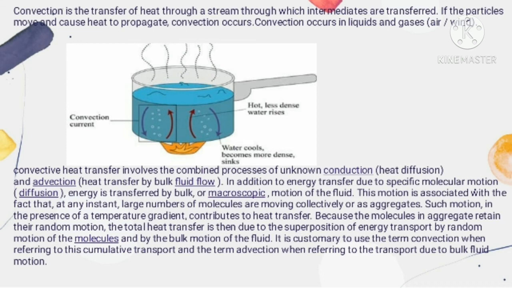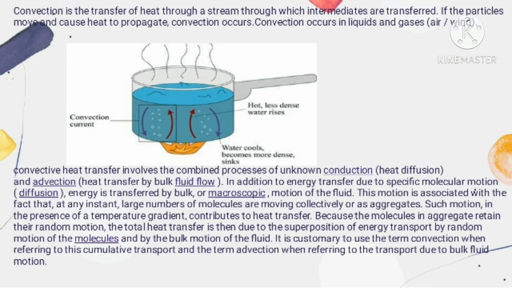Convective heat transfer involves the combined process of conduction, or heat diffusion, and advection, or heat transfer by bulk fluid flow. In addition to energy transfer due to specific molecular motion or diffusion, energy is transferred by bulk or macroscopic motion of the fluid.